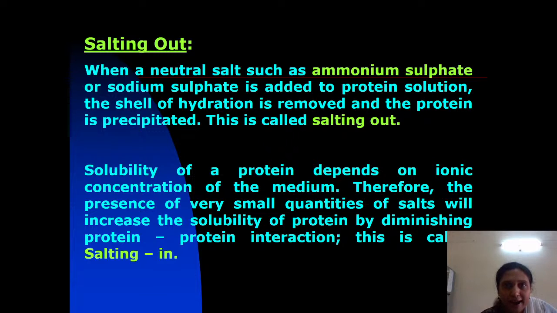So when we add these salts to the protein solution, what will happen? The water molecules surrounding the protein are attracted by the salt. So that decreases the shell of hydration and removes the water molecules from the protein.